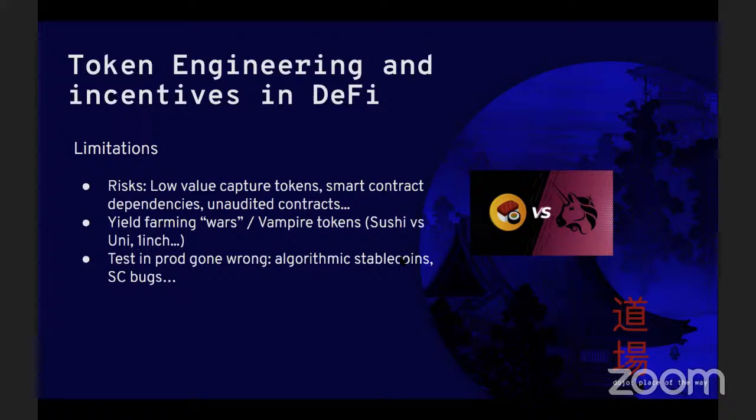I'm thinking of Frax, Basis, DSD, many different, very interesting projects looking at doing this. There are multiple examples of networks that have failed doing it, and consequently made a lot of users and investors lose a consequent amount of money. And obviously smart contract bugs.